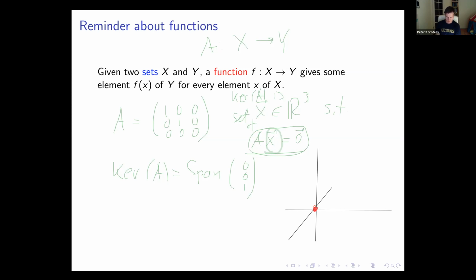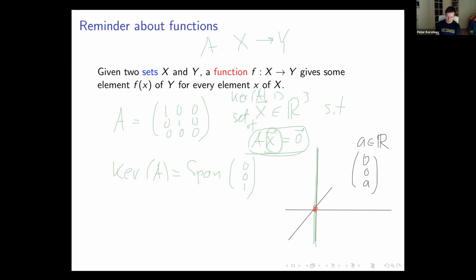Now, I claim that all points which lie here on the x3 axis, all vectors whose components are 0, 0, and a, where a is any real number, right?